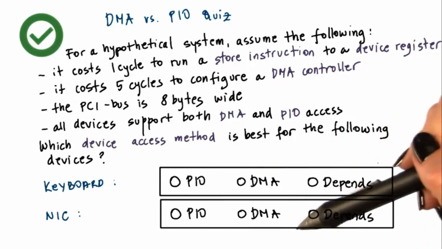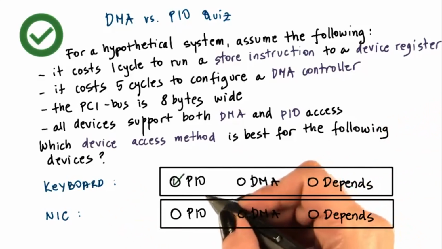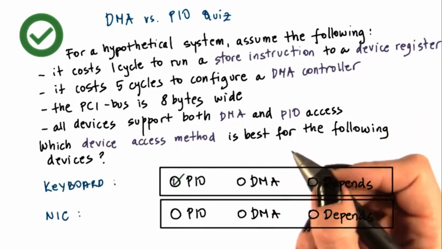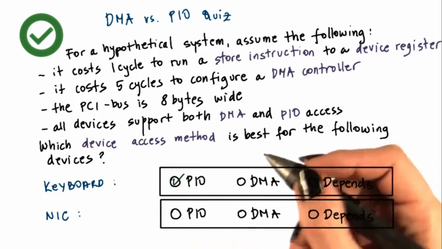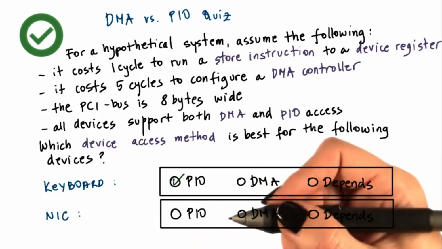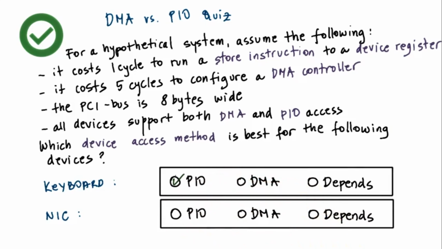The answer to each question will depend heavily on the size of the data transfers. For a keyboard, which likely will not transfer much data for each keystroke, a programmed I/O approach is better since configuring the DMA may be more complex than performing one or two extra store instructions. For the network card, the answer is the popular "it depends" answer.